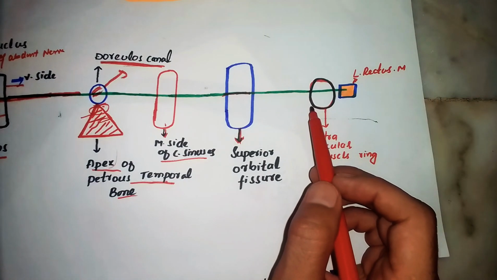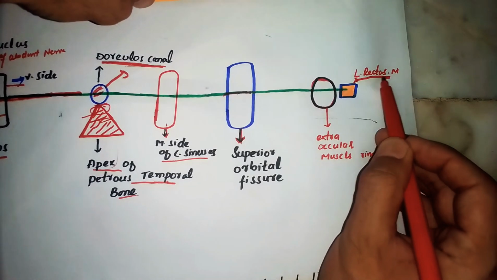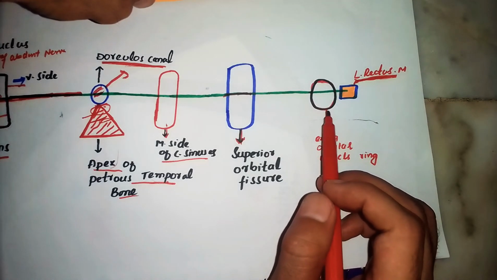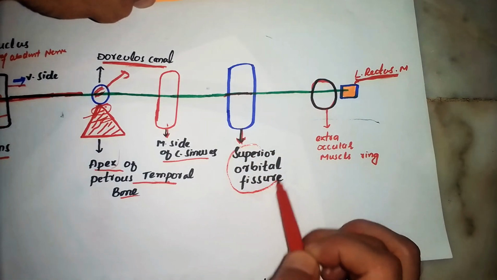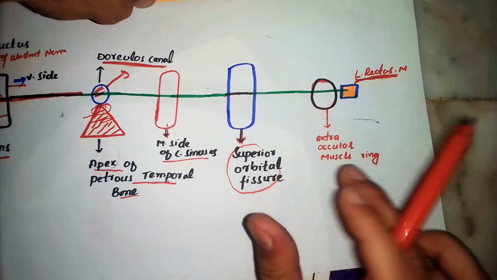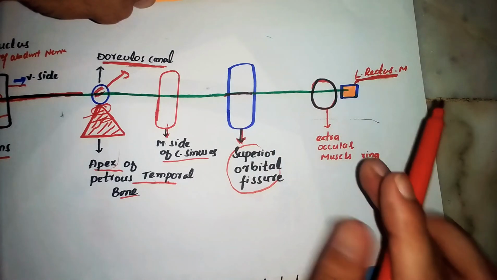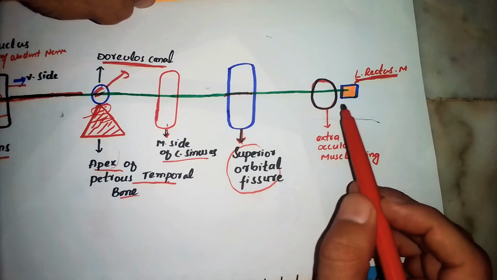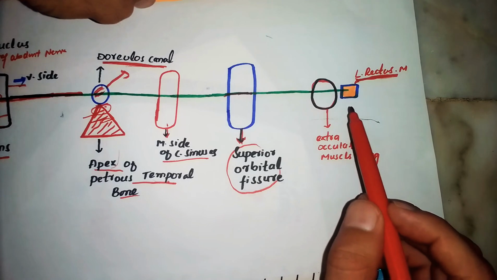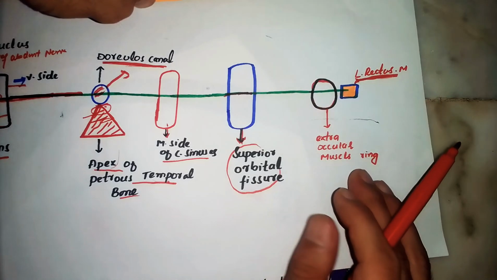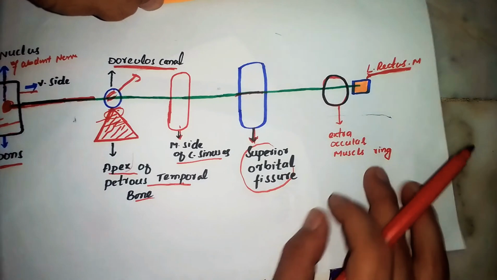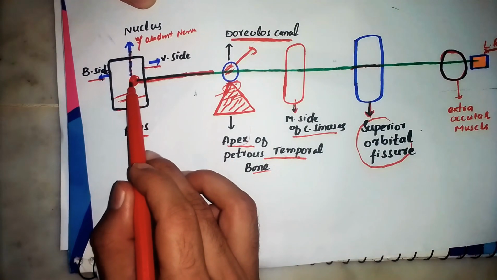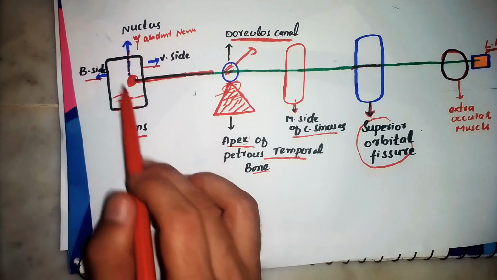Okay, now the abducent nerve supplies only one of the extraocular muscles, the lateral rectus muscle. So the abducent nerve passes through the middle of the superior orbital fissure, leaves the cranium, and moves toward the ring of the extraocular muscles present in the orbit of the eye, and supplies the medial side of the lateral rectus muscle, which helps in lateral rotation, abduction, and lateral movement of the eyeball.